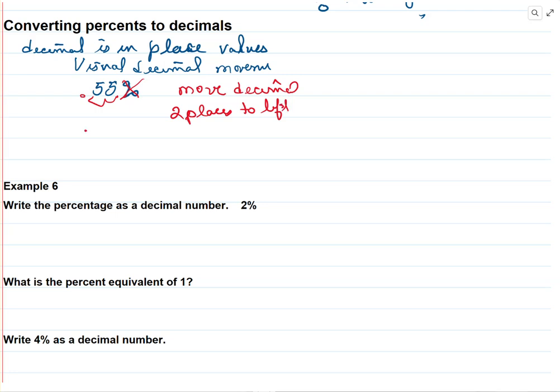So this one would be decimal 55 when we convert a percent, because it's part of 100. All right, that's one way.